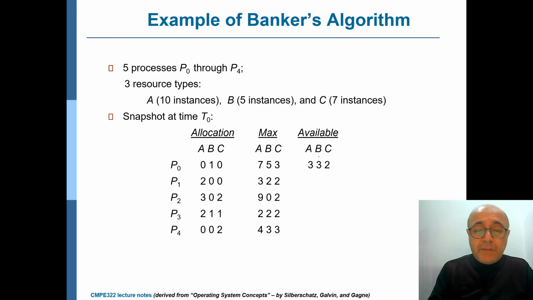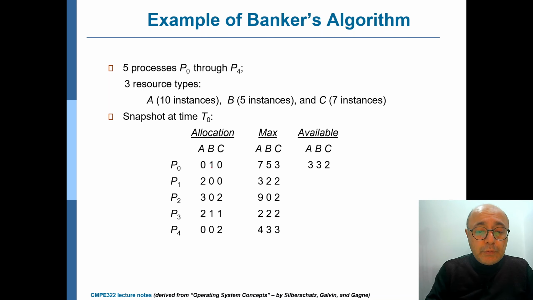Very briefly, for example, for P0, it has been allocated only 1 instance of B, no instances of A and C, and if you check the total number of resources it might request any time during the execution of P0, they are 7, 5, and 3 respectively.